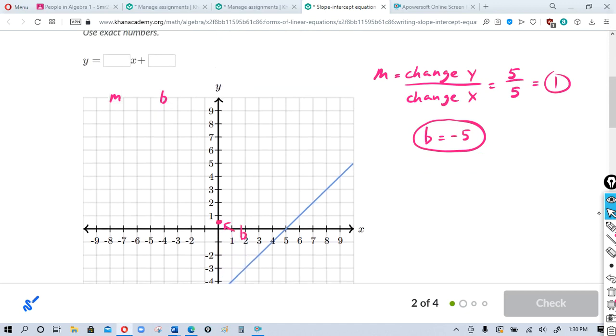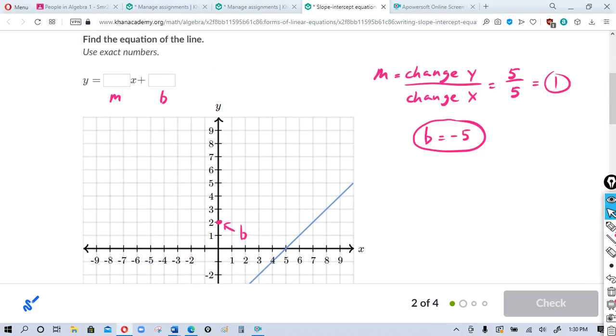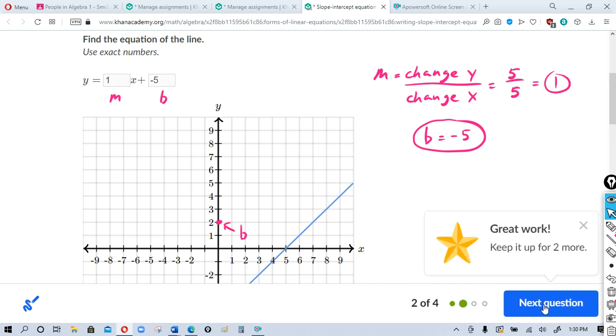In place of m, I'm going to write the 1, and in place of b, I'm going to write -5. Really, when you write an equation, you usually don't have to write 1 in front of the x. It's just regular x. But since there's a box here, they wanted us to put something there.